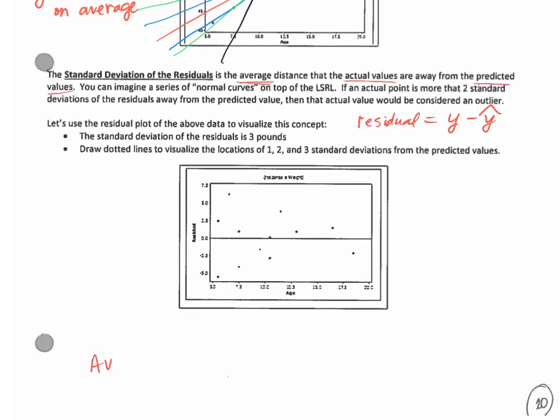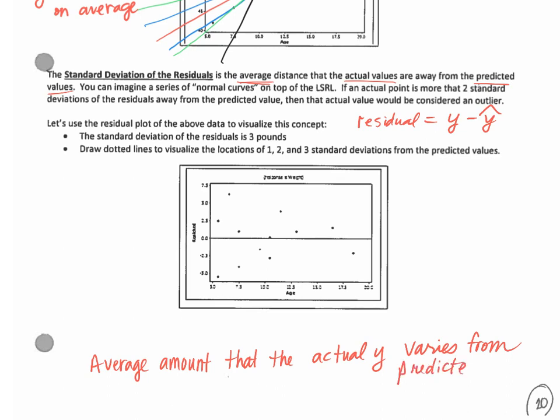So it's the average amount that the actual y varies from the predicted y.